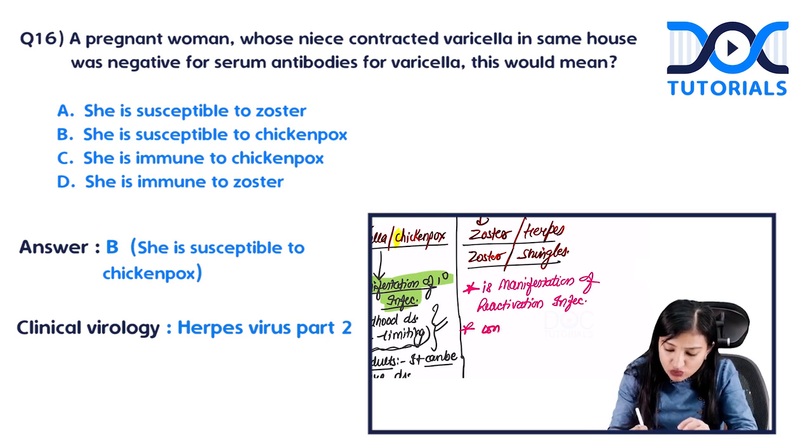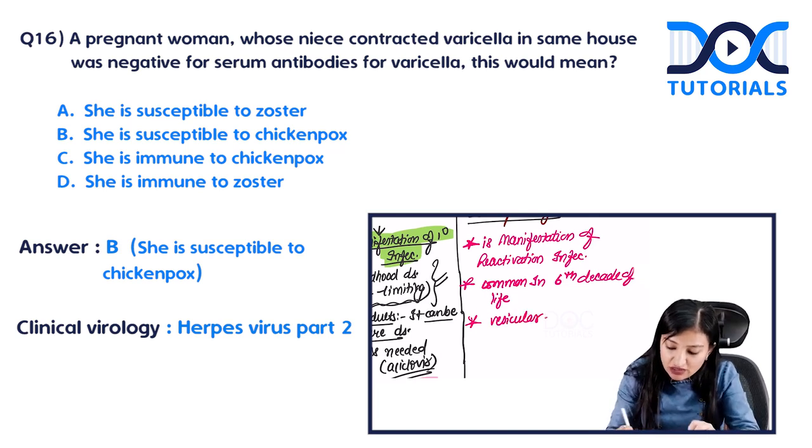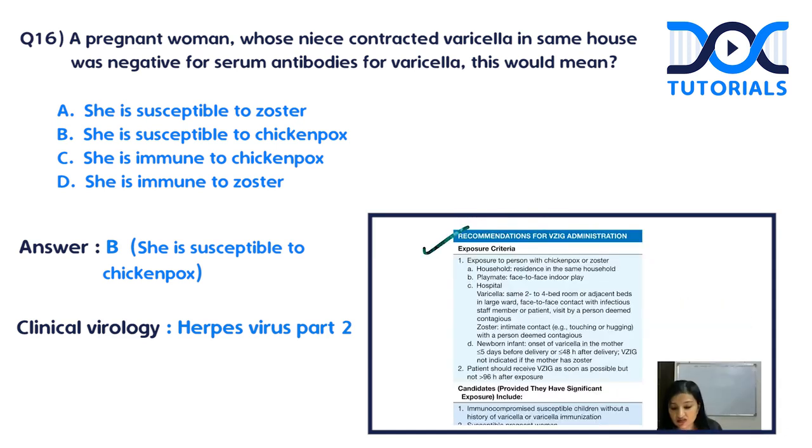It is common in the 6th decade of life. It is characterized by vesicular rash, vesicular eruption along the course of a sensory nerve of head or dermatomes.